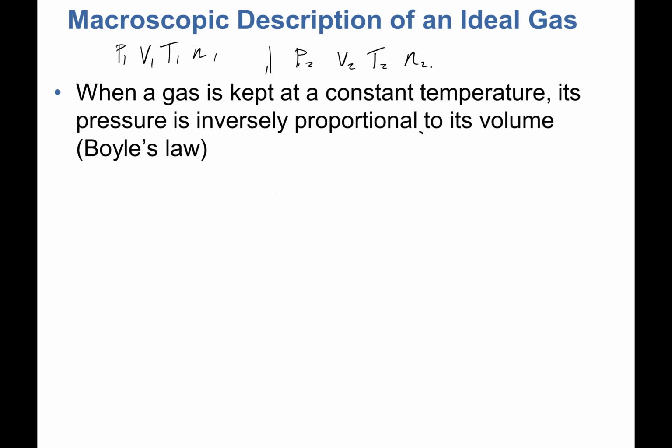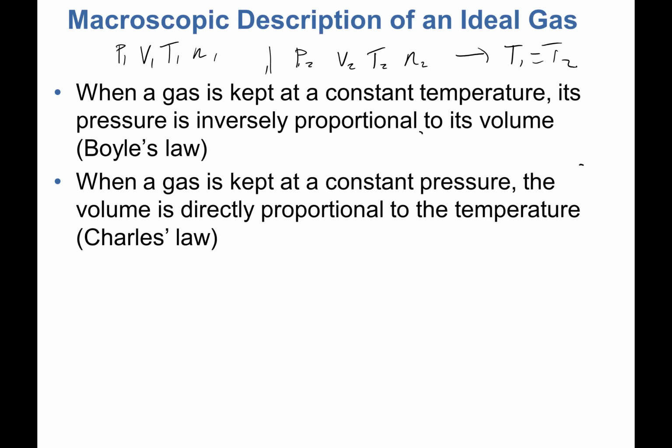Now, this particular one tells you that you keep the temperature constant. That means you do an experiment where T1 is equal to T2. That means you are doing an experiment with the gas, but keeping the temperature constant. You might change the pressure, change the volume, change the number of moles, while all the time the temperature never changes.